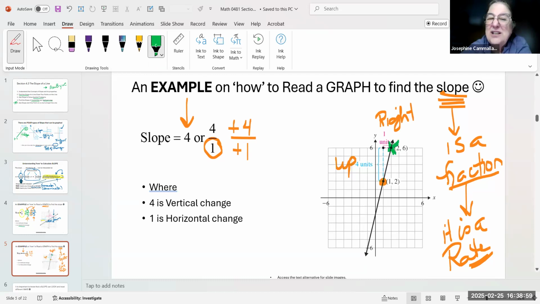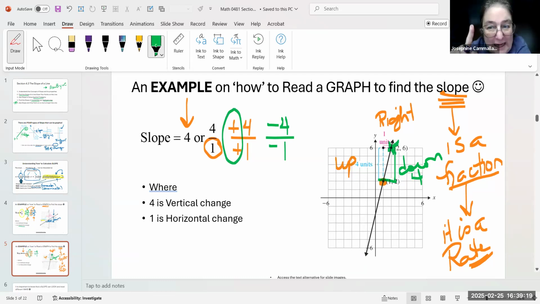I can start at 2, 6 and go down 4, which makes this a negative 4. But then I go left, which is negative 1. 2 negatives make a positive. 2 positives make a positive. 2 negatives make a positive.